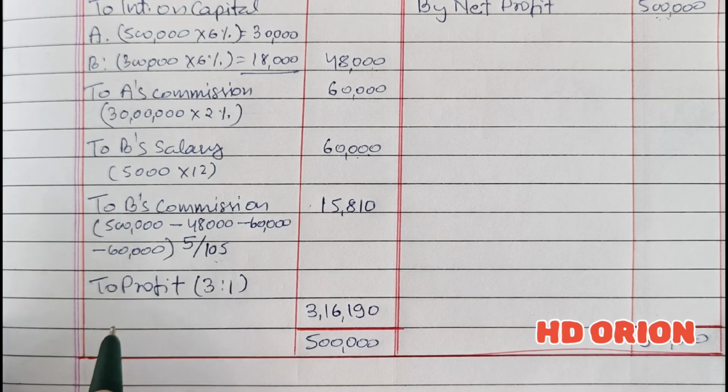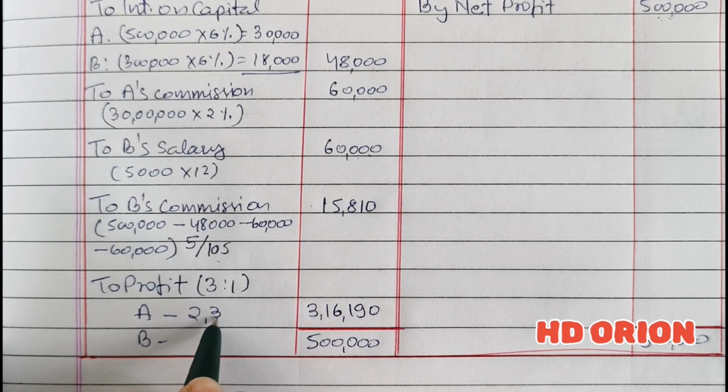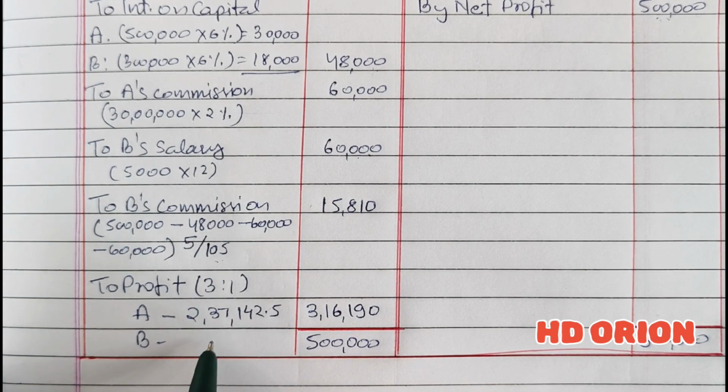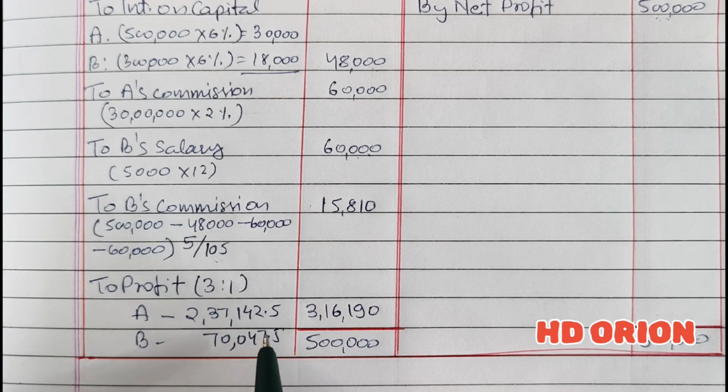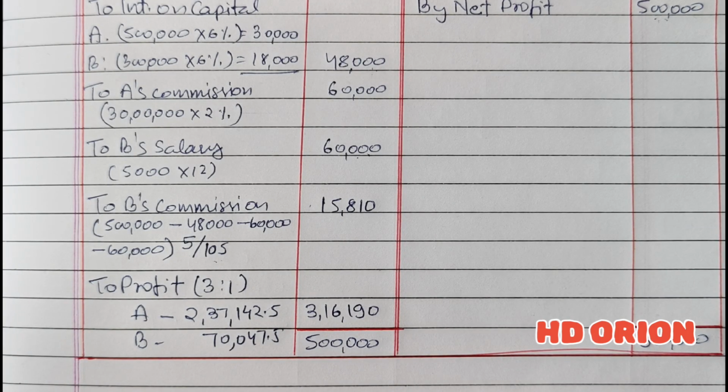When you break this in the ratio 3:1, you will get rupees 2,37,142.5 and 70,047.5. In the book, the answers are given in the rounded off figure. Fine, it has become 100 and 140, and this has become 50 here. So that is how it is distributed.